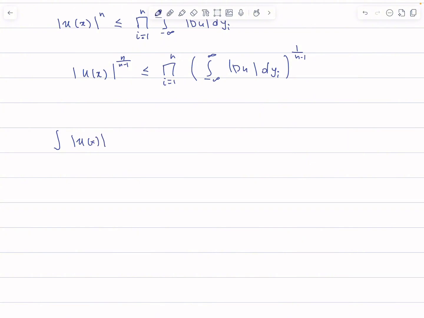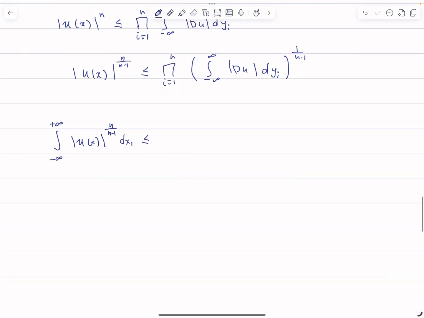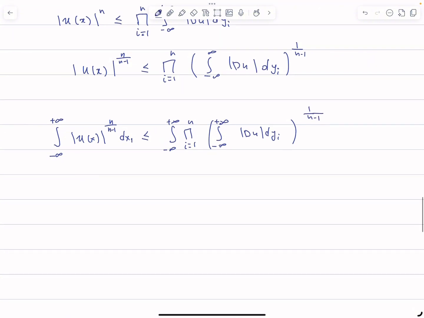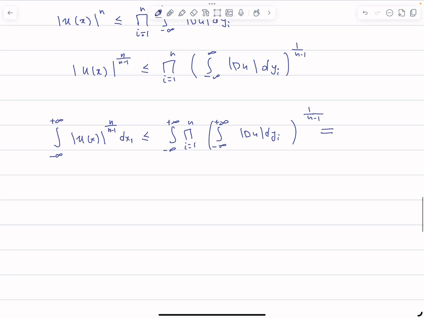The integral from minus infinity to plus infinity of |u(x)|^(n/(n-1)) is less or equal than the integral from minus infinity to plus infinity of the product for i from 1 to n of the integral of |Du| dyi, to the power 1 over n minus 1. So let's write this in a simple way.